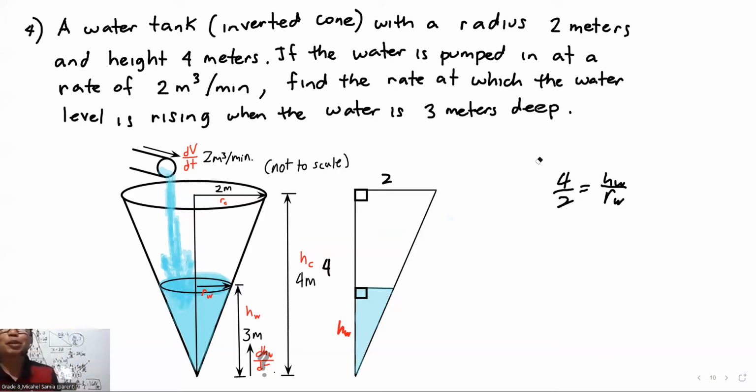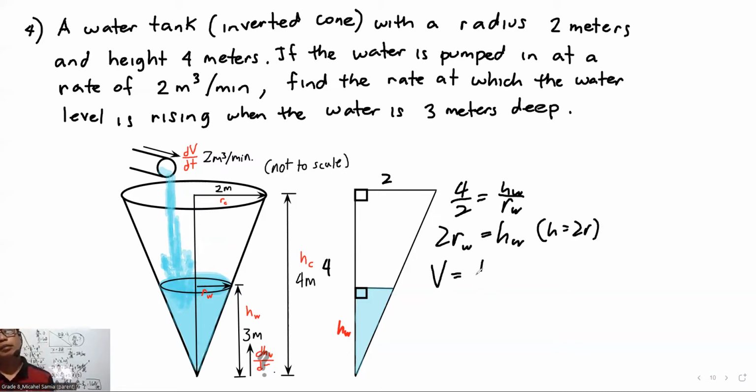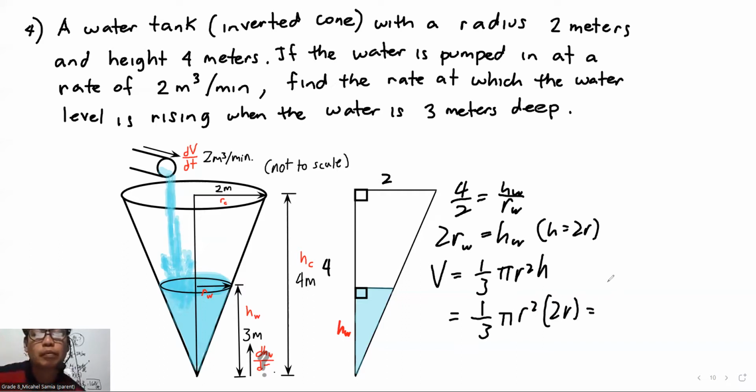Okay, so your r now is equal to... no, Josh, wait. Change r to h, since you're looking for dH/dt.